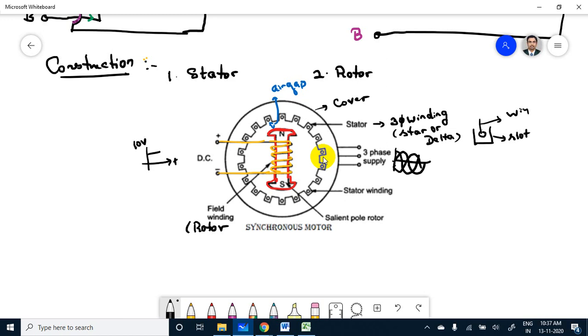So in stator we are giving the AC supply, but in rotor it is a DC supply.